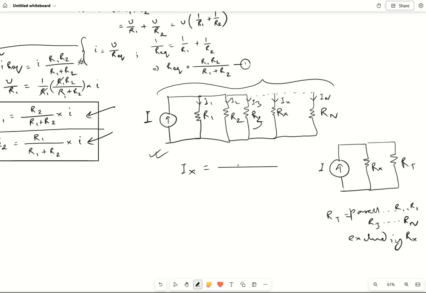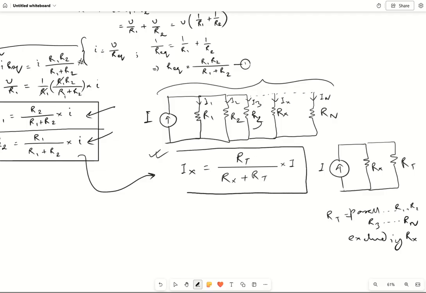So now what will be my current equation? My current equation will be the other resistance, RT, divided by the total resistance, that is Rx plus RT, multiplied by the input current, which is I. So I am just following this consideration, and this is my general equation for the current division rule. Okay, so what is it?